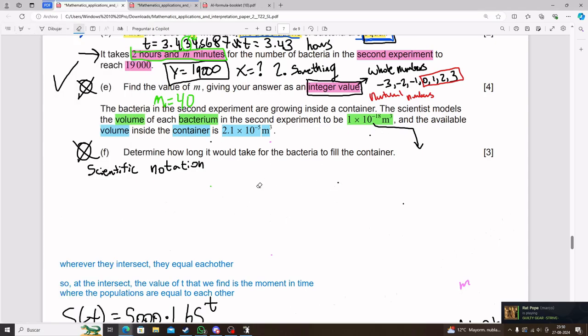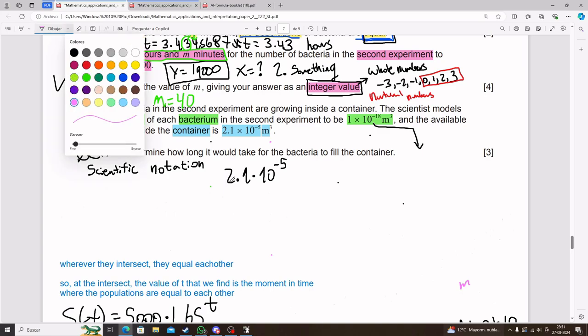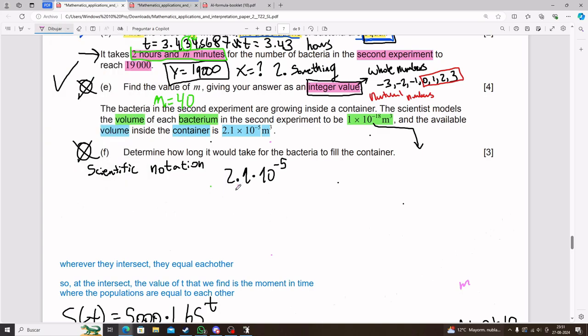So if we have 2.1 times 10 to the power of -5, technically you have to move the decimal place 5 times to the left, following the pattern I just showed you. So moving it 5 times is 1 time, 2 times, 3 times, 4 times, and 5 times. So your decimal place would end up here.